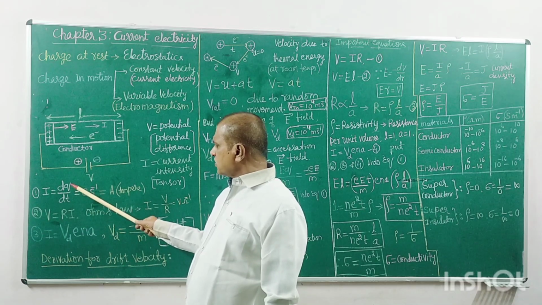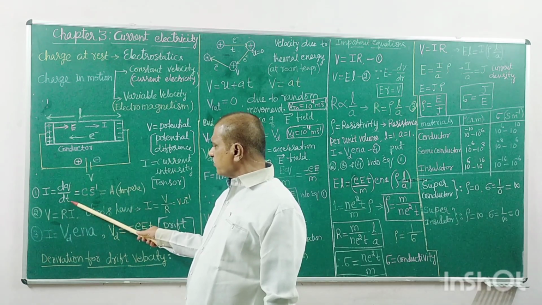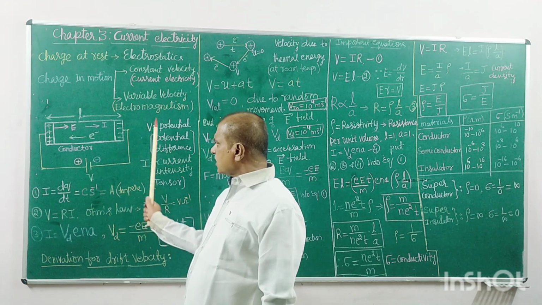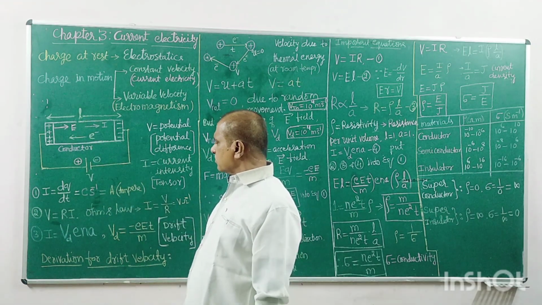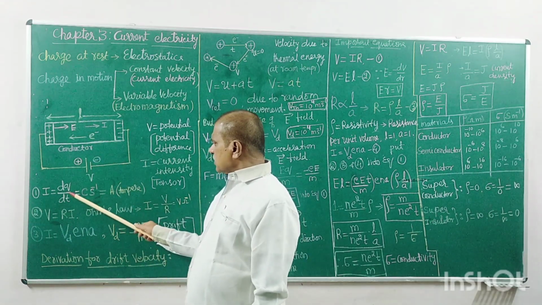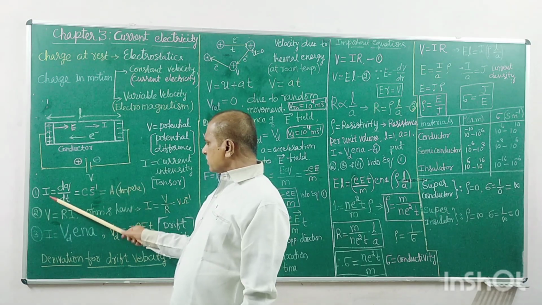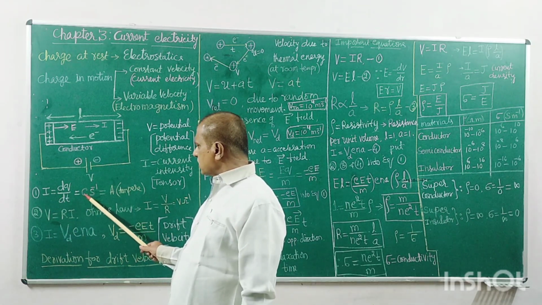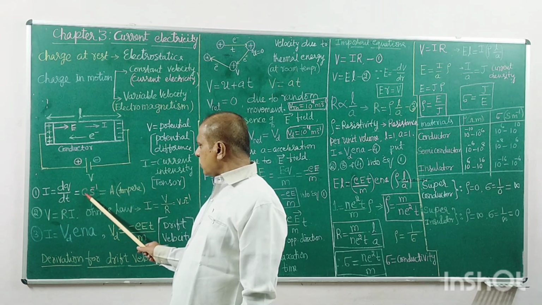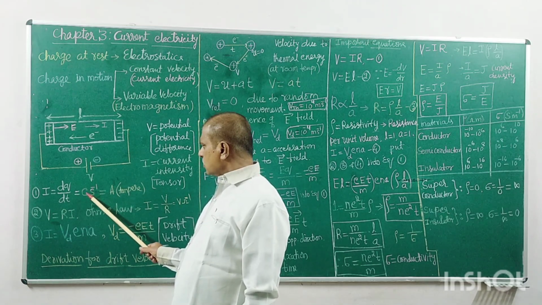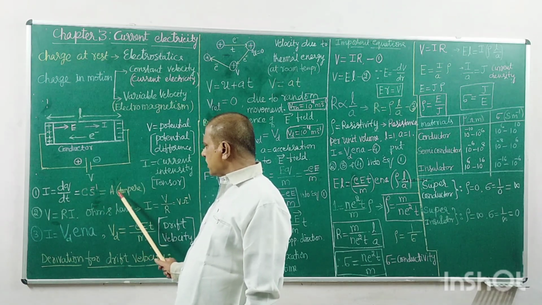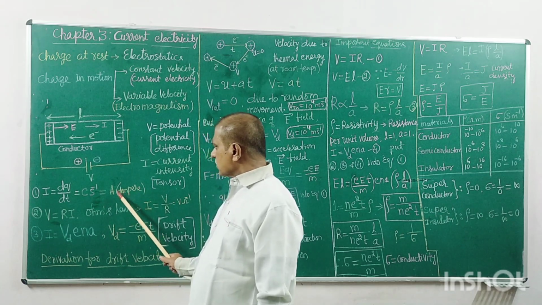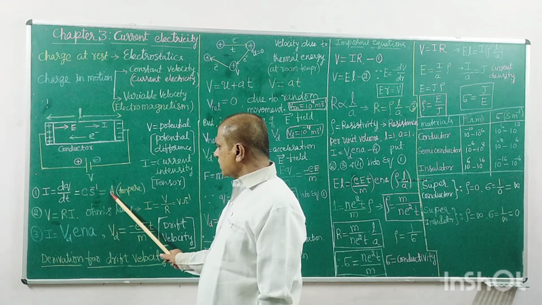That is called electric current. Its unit is coulomb per second, and coulomb per second is called ampere. A stands for the symbol ampere.